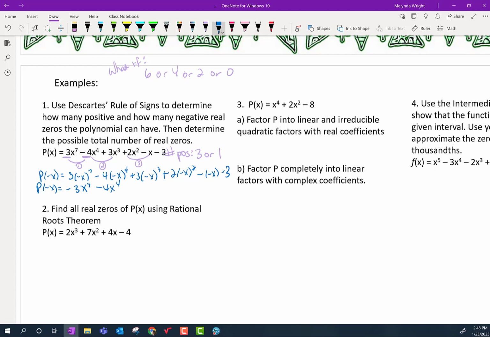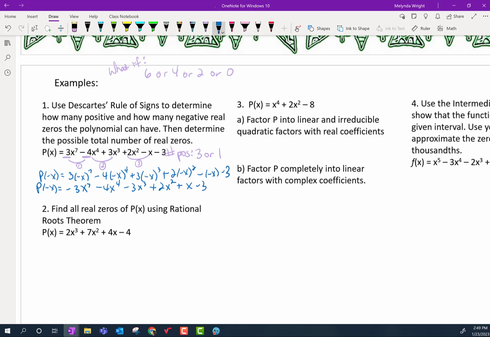I raise a negative x to the 3rd, I get a negative number, so negative 3x cubed. I raise a negative x squared, that gets rid of it, so plus 2x squared. Minus a minus x is a plus x, minus 3.